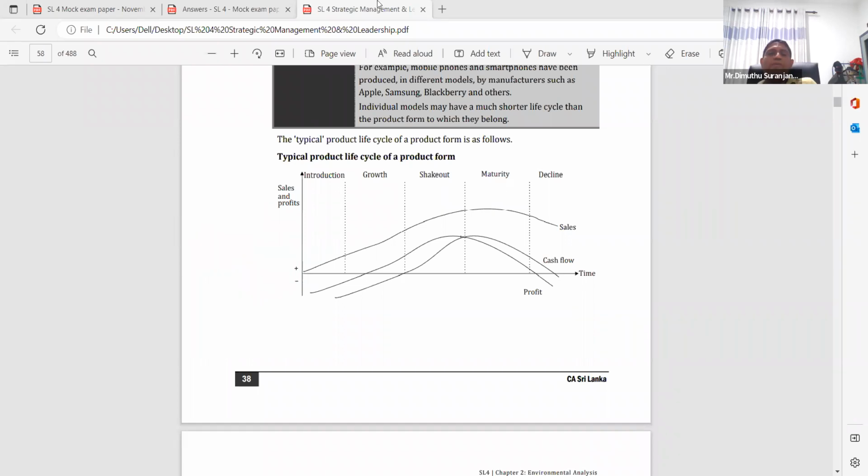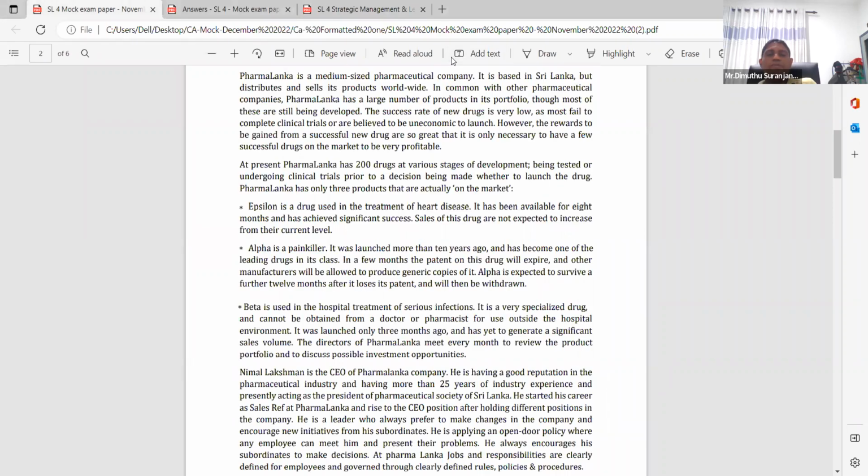Now, if you look at the questions, what do you think of epsilon? What is the stage? Already in the market, no? Now, what is expected is this has been in the market for so long. Not expected to increase from their current level. That means it started to plateau.